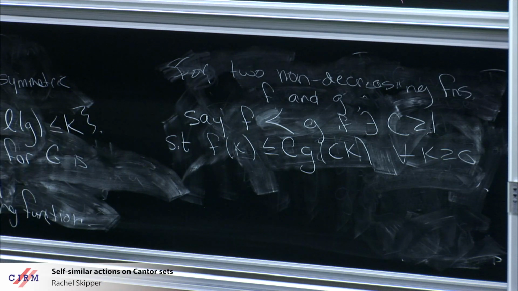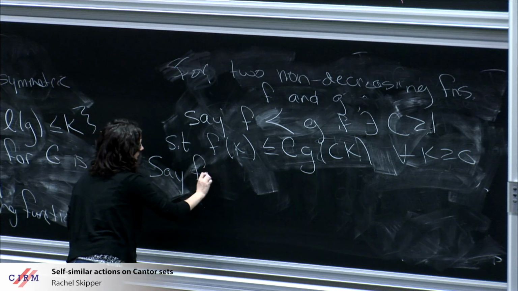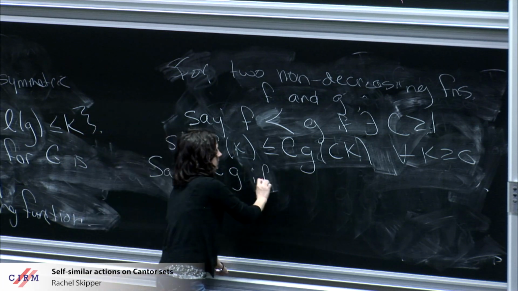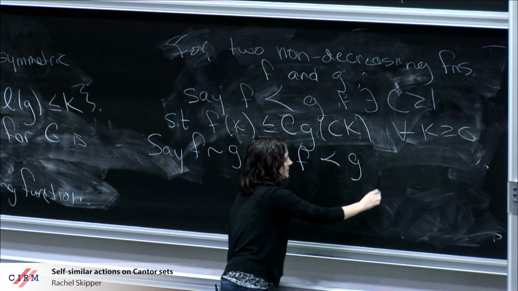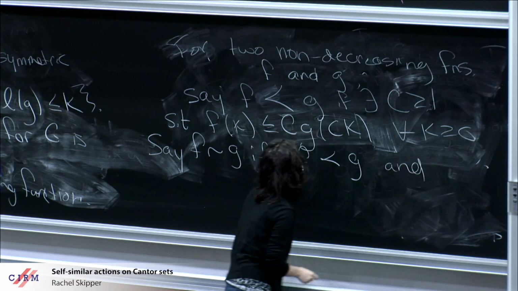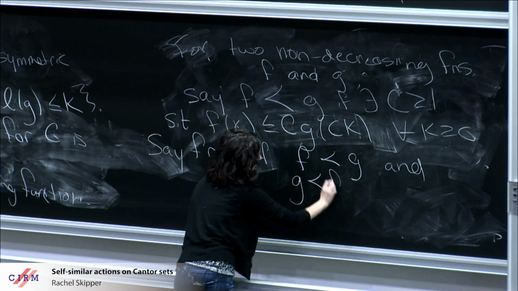And then we'll say that f is equivalent to g if f is both asymptotically less than g and g is asymptotically less than f.